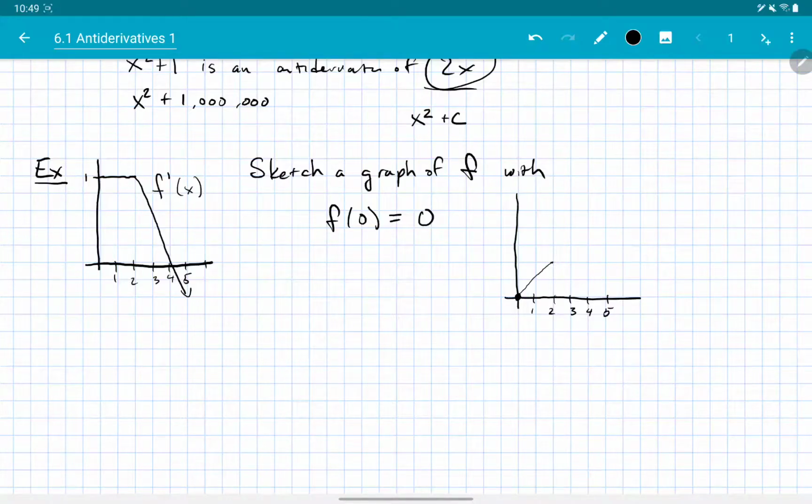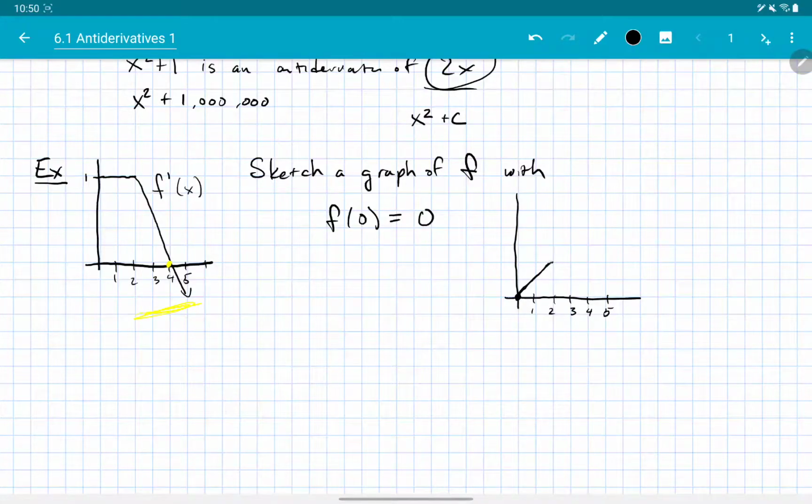Now looking back at f prime, let's look at the second part. Now we have that f prime is decreasing, so the slope is decreasing, and we have a slope of 0 at 4. So how do we represent that? Well, now our slope is not going to be 1 anymore.